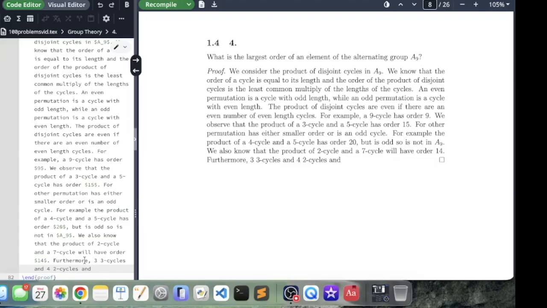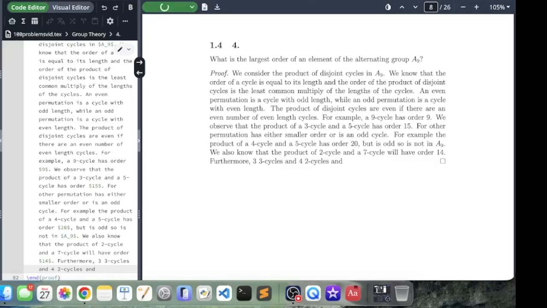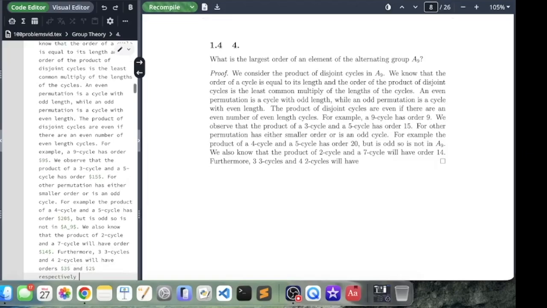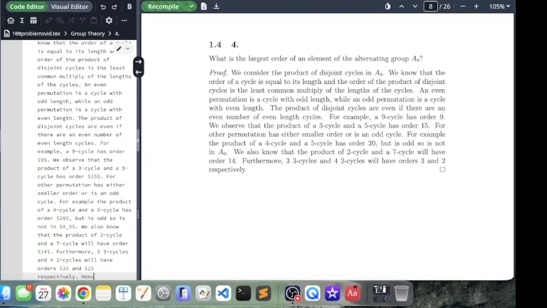That's 9 things, so we're good there. 4 2 cycles, and the last thing is fixed; it cycles with itself. We'll have orders 3 and 2 respectively, which are both clearly less than 15.